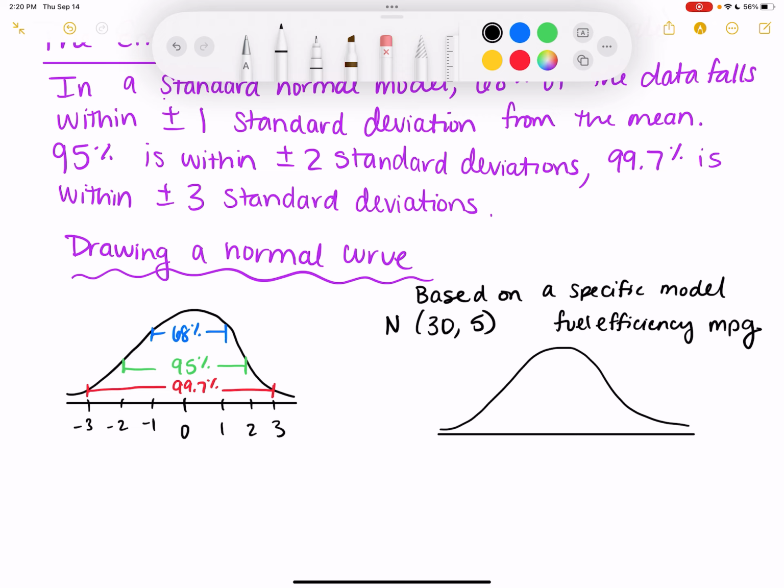So our mean is 30, so this middle point here is 30. Then we add 5 going to the right until we're out 3 standard deviations, so we'll have 35, 40, and 45. Then the other way we subtract 5, so 25, 20, and 15.